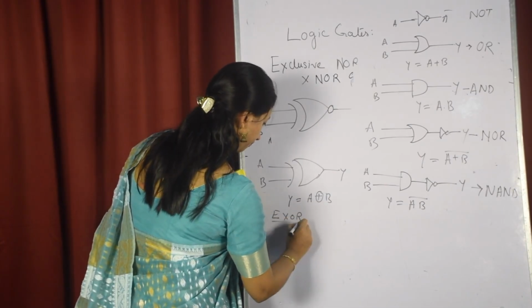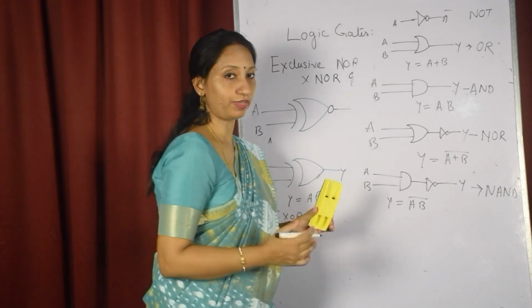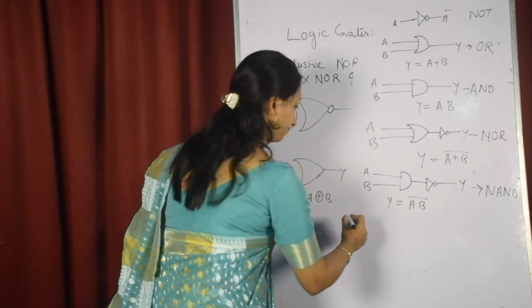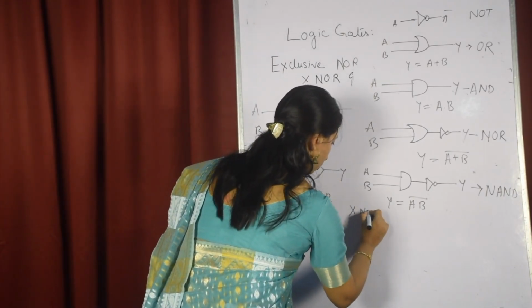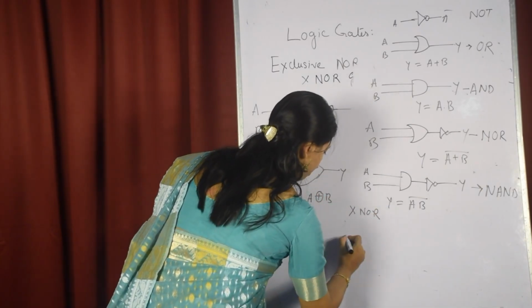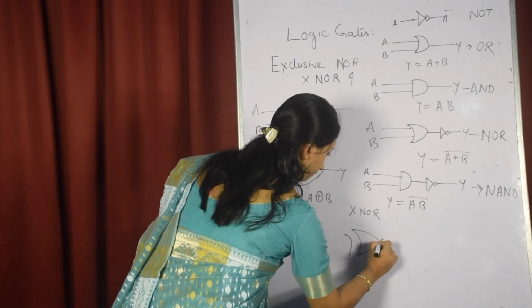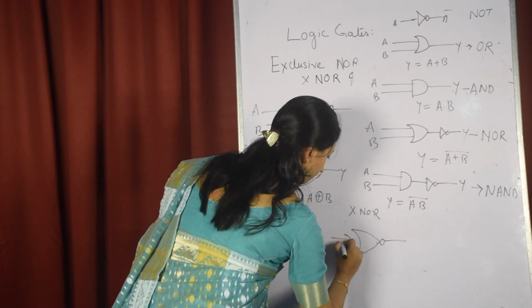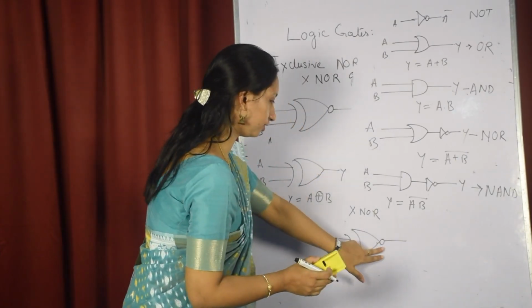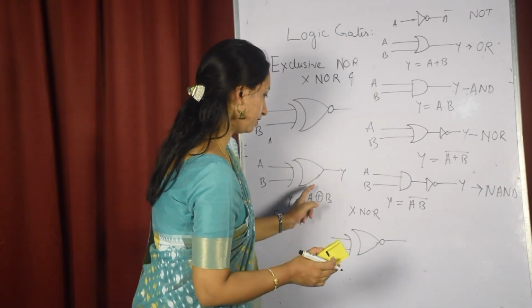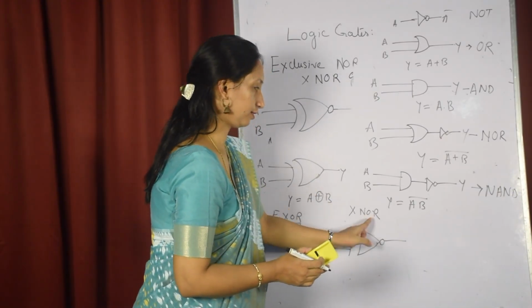And the last gate we have discussed is the XNOR gate. It is represented like this: if we put a NOT gate at the output of the XOR gate, we get the XNOR gate.